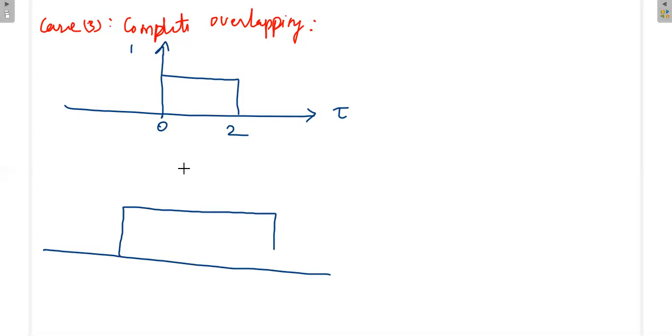Why? Because the second signal is the larger duration signal. That's why I'm drawing it like this: -1, 2 plus t.